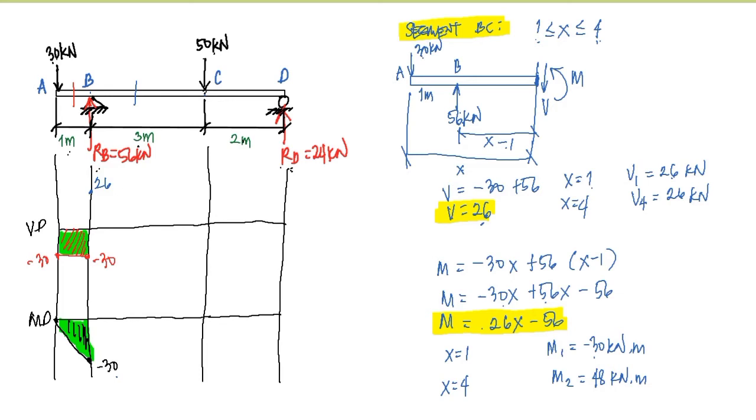So why did it become 26? This is the reason. It went up by 56 from negative 30 plus 56, that's 26. And we have here the shear at 4 is also equal to 26, since our equation dictates that we just have a constant 26 between B and C. So this is our shear diagram for the segment BC.